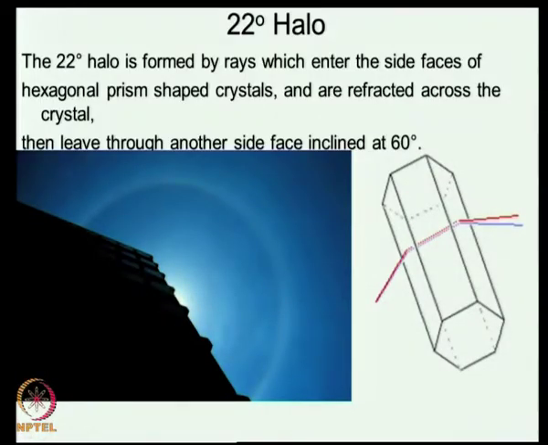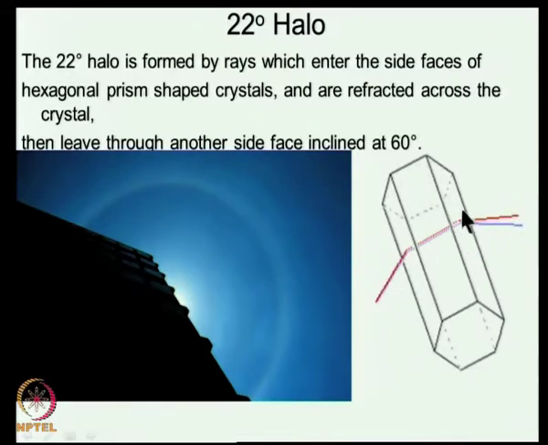Now, the best way to explain the 22-degree angle of the sun is that the rays of sun or moon enter the side face of the hexagonal prism and are refracted across the crystal and they come out to the other side.